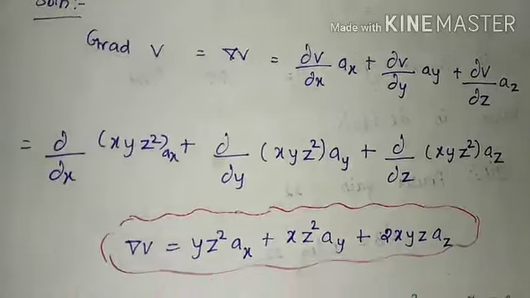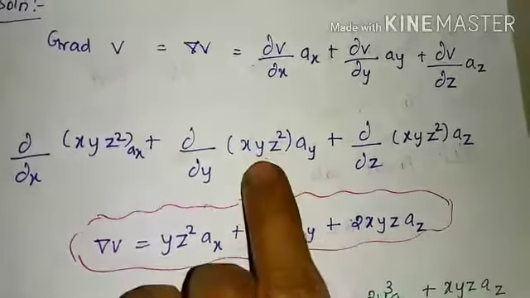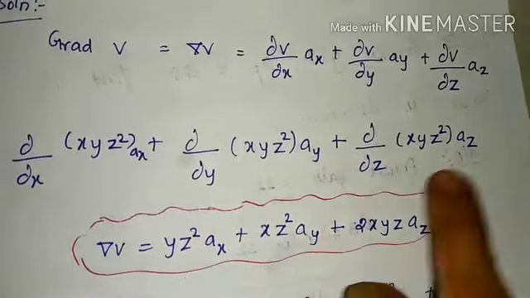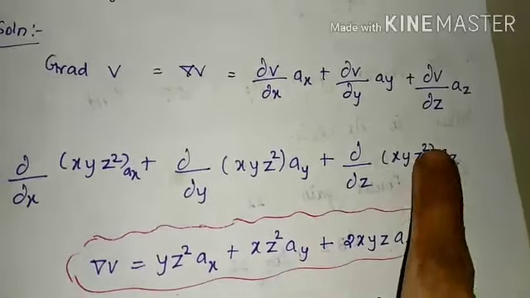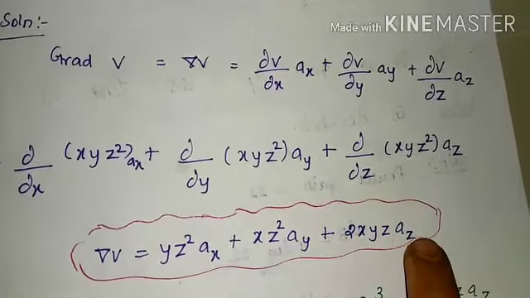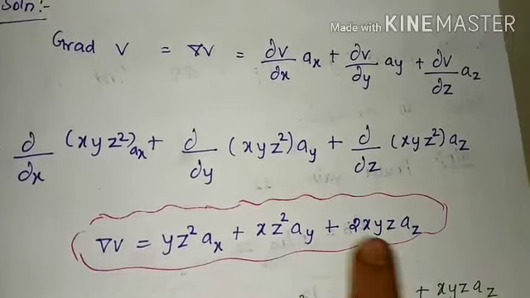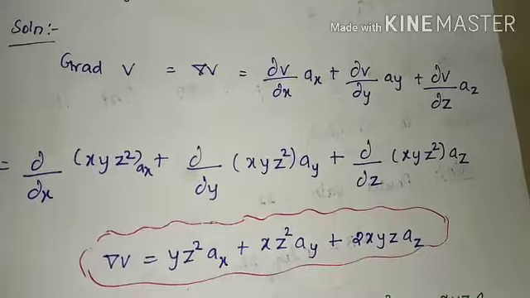So y z squared ax. Then next, y alone is differentiated, so x z squared ay. Here z alone is differentiated, so z squared becomes 2z, so x y 2z into az. This is our gradient of v vector.